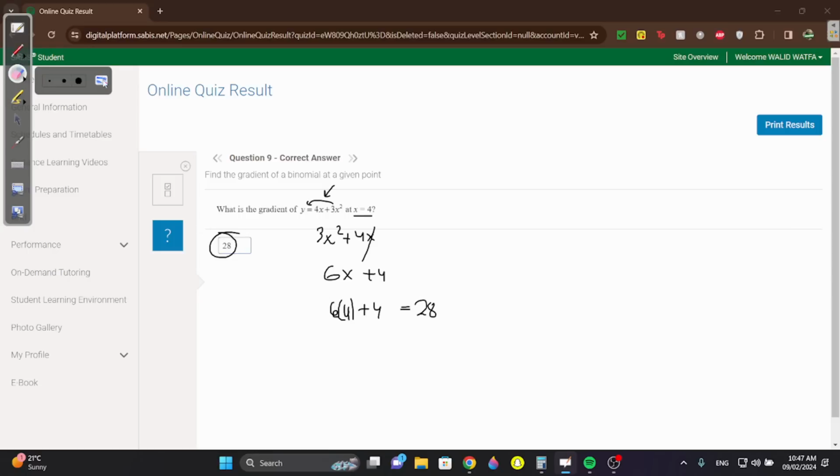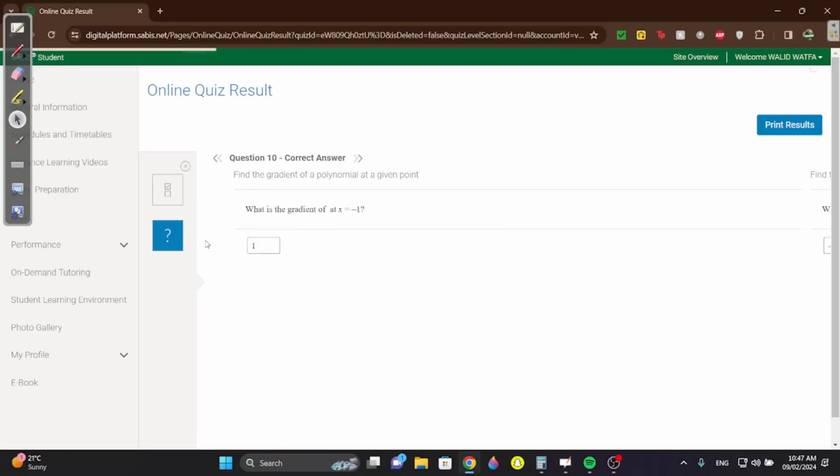Okay. Question 10. What is the gradient of 3x plus 4? Okay, same thing. You have to derive and then plug in the x. Derive this, you get 4 times 3, 12, reduce the exponent by 1 becomes x cubed, 2 times 2 is 4, reduce the exponent by 1 becomes x, 1 times minus 4 is minus 4, reduce the exponent, it goes.